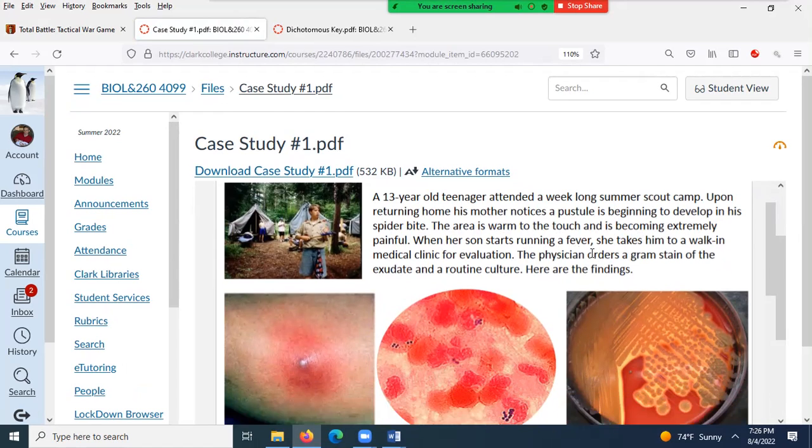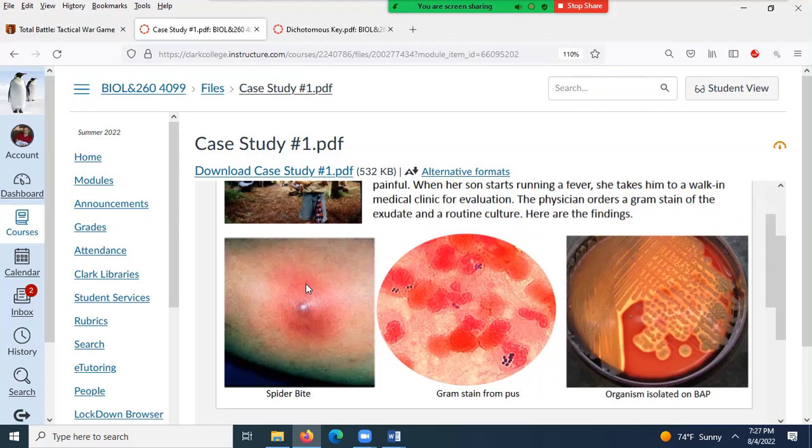And it was very red and inflamed and painful. And then when her son got a fever, she decided to take him into the clinic. And the physician ordered a gram stain and ran routine cultures on the findings.